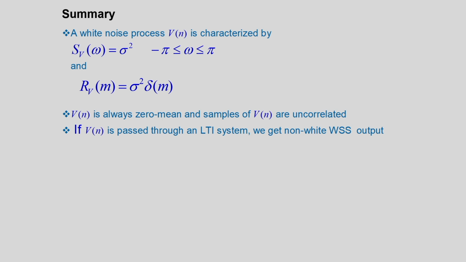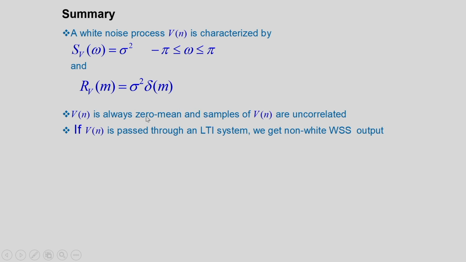Let us summarize. We define a white noise process Vn characterized by its power spectral density, which is uniform, equal to sigma square for omega lying between minus pi and pi, and the corresponding autocorrelation function is equal to sigma square delta m, where delta m is the unit impulse function.